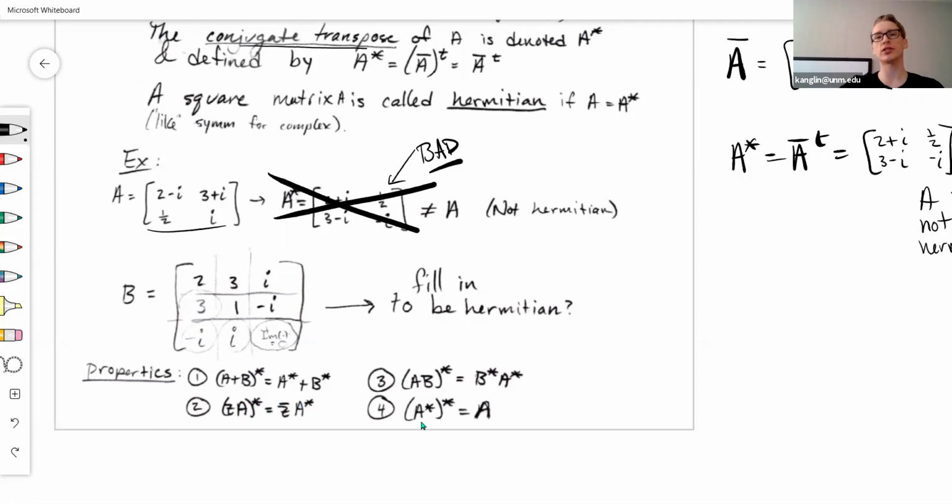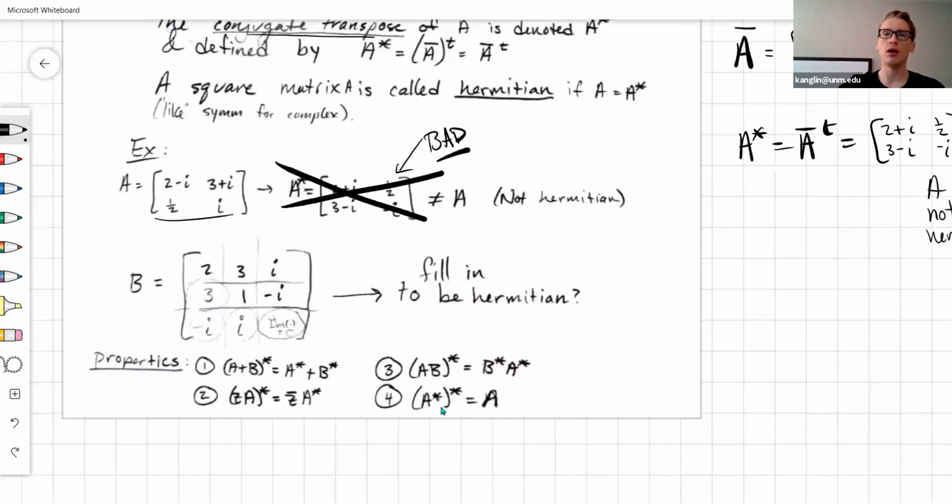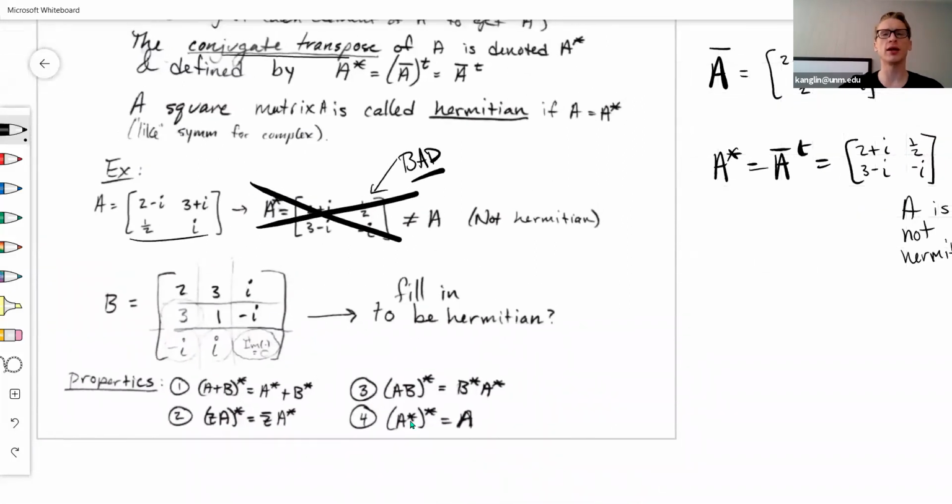You can break it up into individual parts like that. And again, just like we saw with the transpose, if you apply the conjugate transpose twice, that just undoes its own effect and gives you back A again. Okay, you might be able to see why that is, right? If you switched all the rows and columns and flipped all the signs on the imaginary parts, that's one conjugate transpose applied.